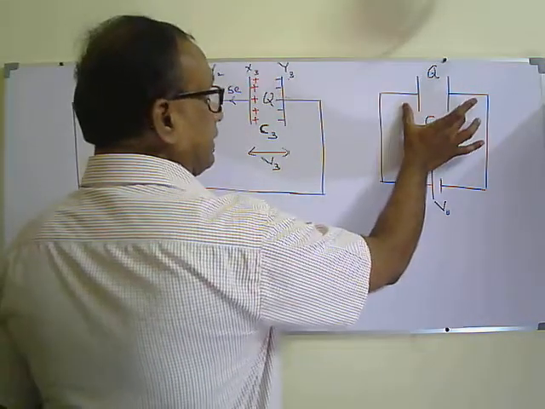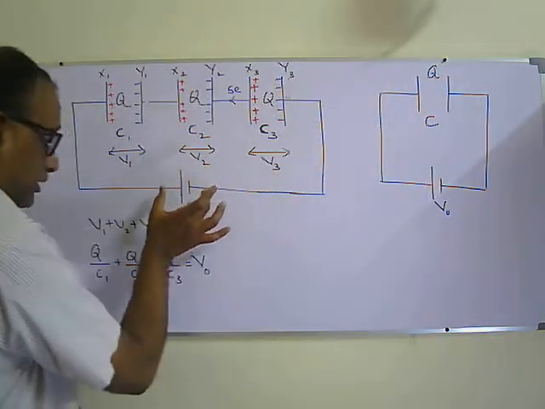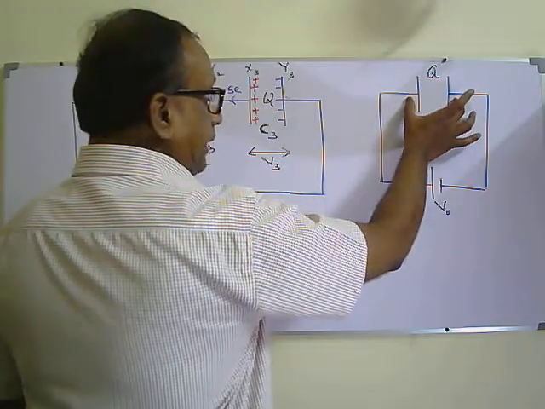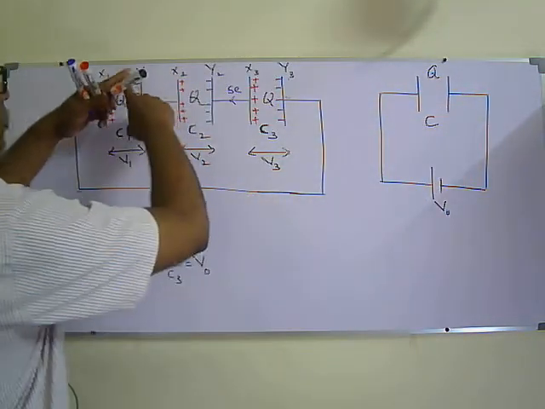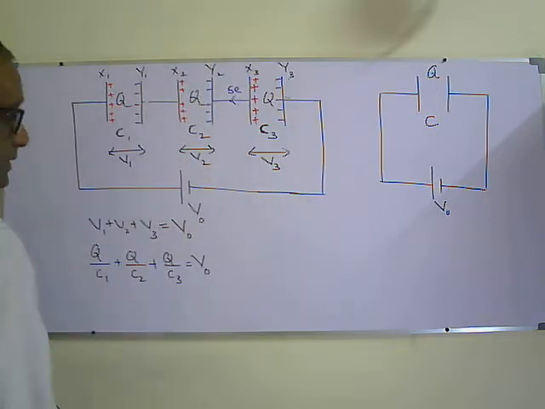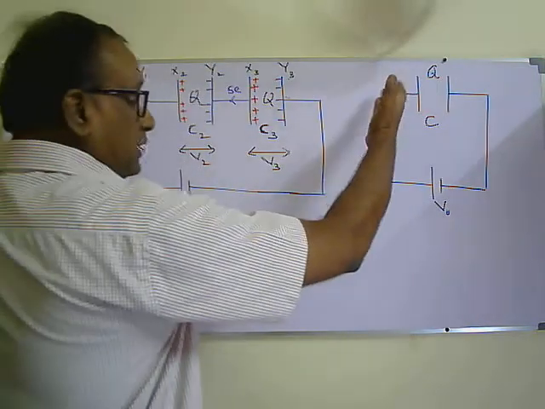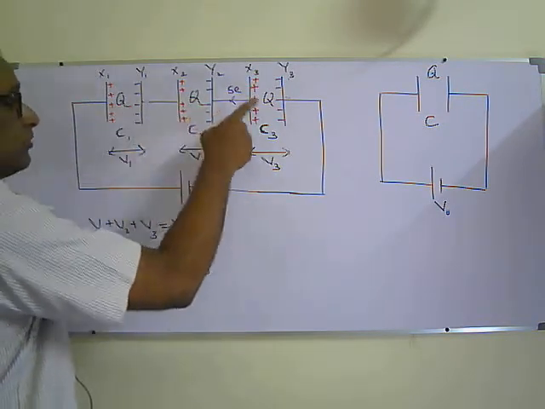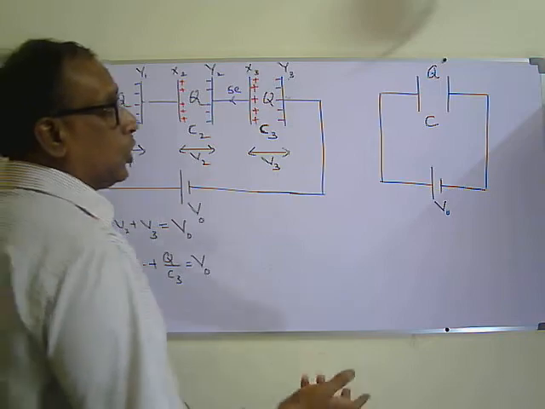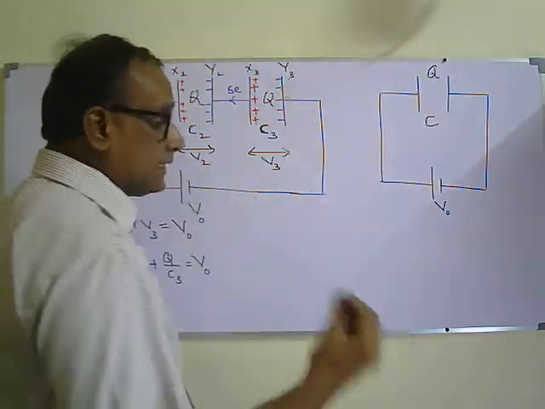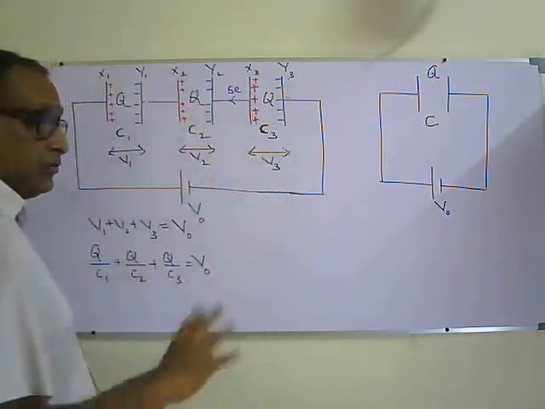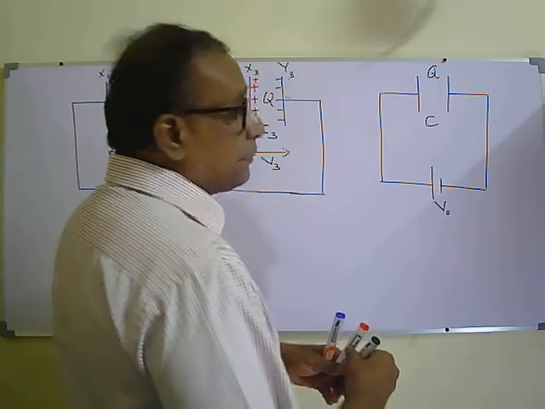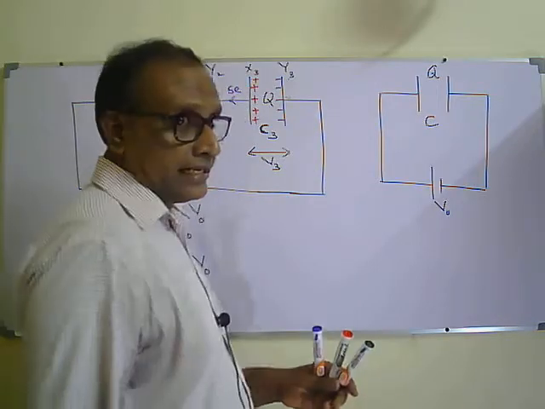When a capacitor is connected to the same power supply, or when the voltage applied across this capacitor is equal to the total voltage applied across the three capacitors, if the total charge flown in the circuit is equal to the charge of any one of these capacitors, then I can call this the equivalent capacitance of C1, C2, C3 when they are connected in series.